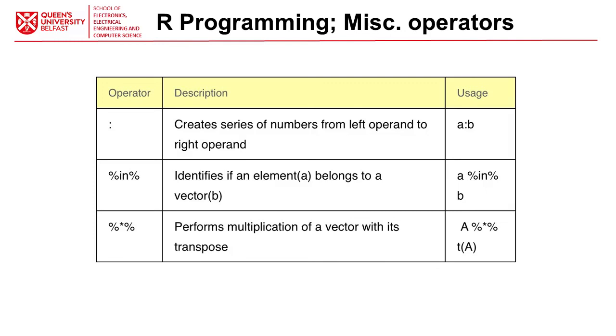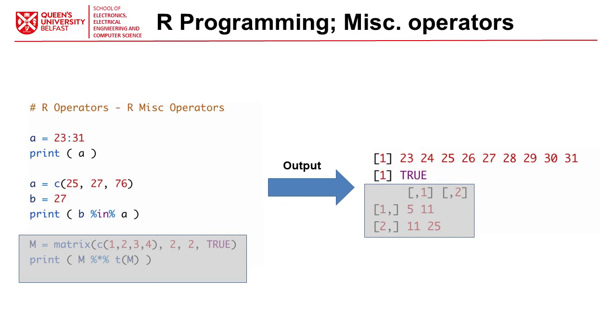So here is just an example. Again, this is the operator colon from 23 to 31, creating all the sequence of numbers here.